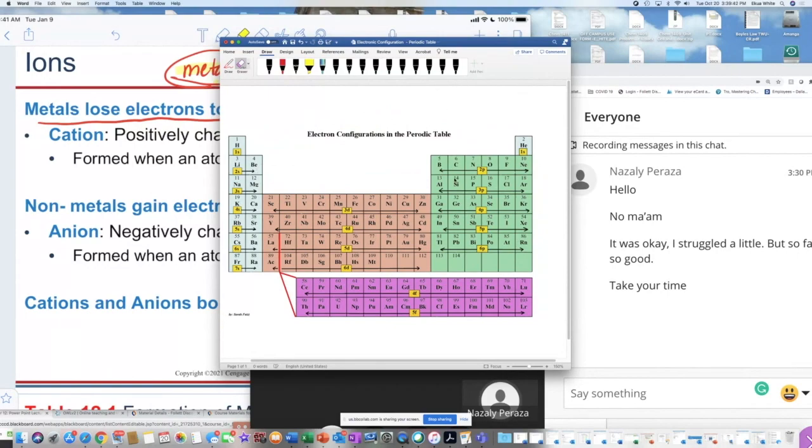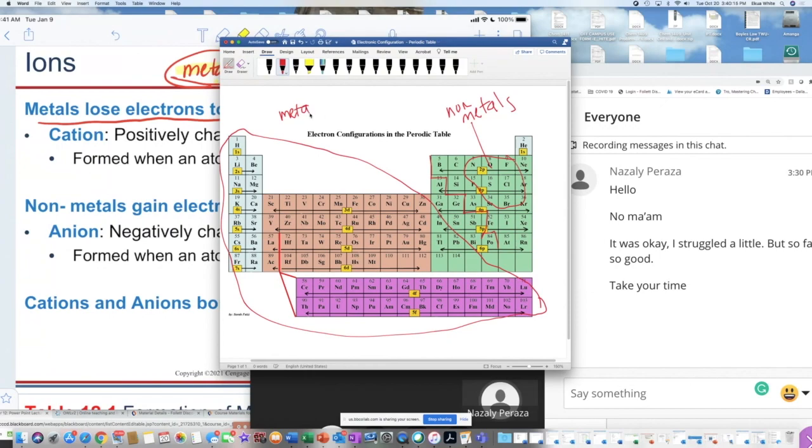Right, so let me see. I have my periodic table in front of me, and the metalloid region is the one around here. So you have this zigzag here that separates this region that has the nonmetals. Sorry, I'm writing with my mouse, so that's kind of hard to write. I have my nonmetals right here, and then the rest of this huge group of elements right here, these are your metals.